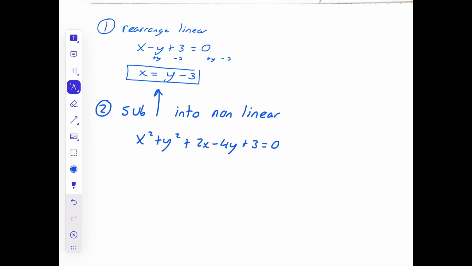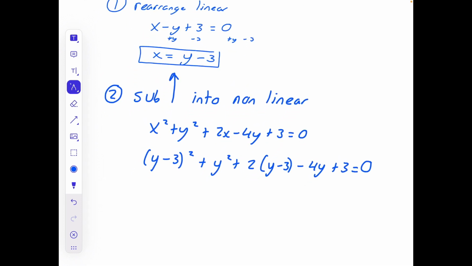From step 1, we found out that x is the same thing as y minus 3. So everywhere we have an x, I'm going to put in y minus 3. So instead of writing x squared, I'm going to write y minus 3 to be squared. Just make sure you put it in a bracket. Plus y squared. Here again, plus 2x, instead of x, we're going to do y minus 3, is equal to 0.